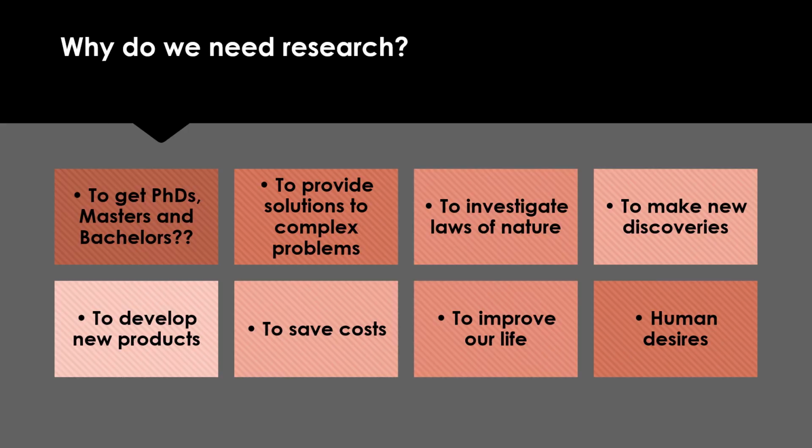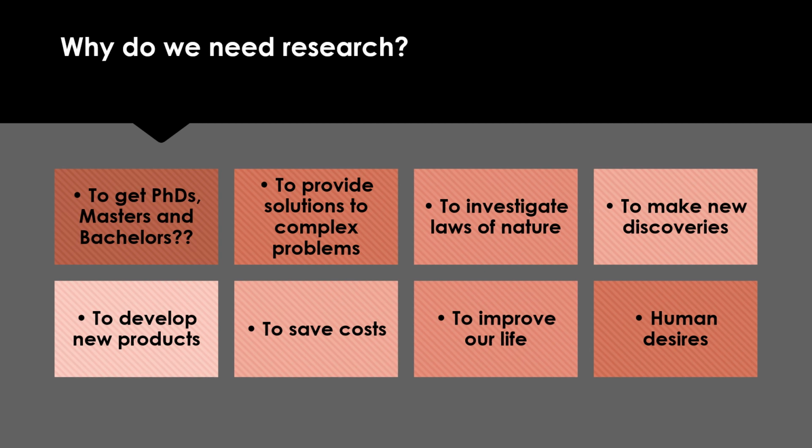So why do we need research? Basically, for postgraduate students, the aim is to get your PhDs, masters. Even for final year undergraduate students, there is also some element of research in order for them to complete their bachelor degree.